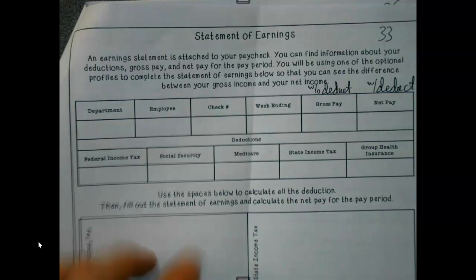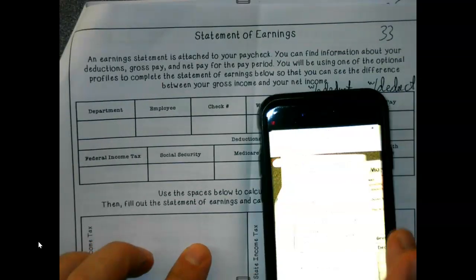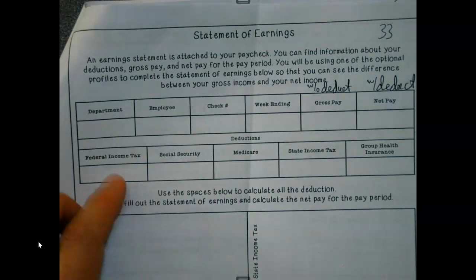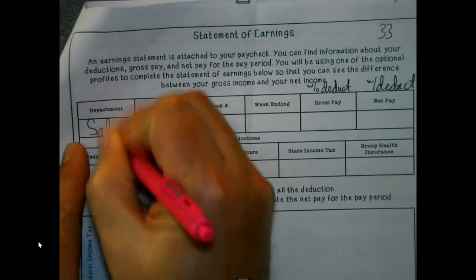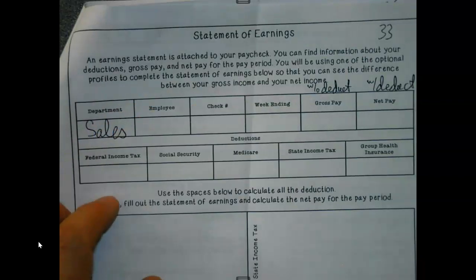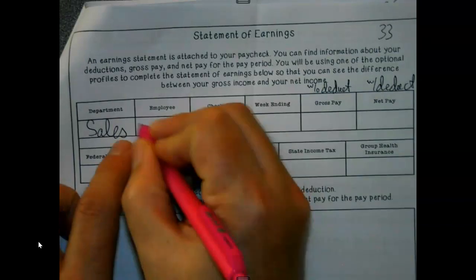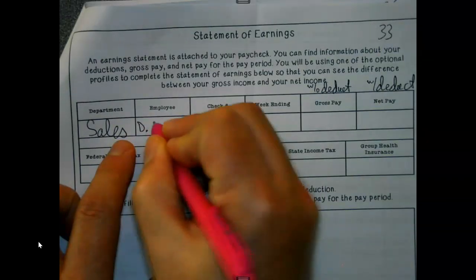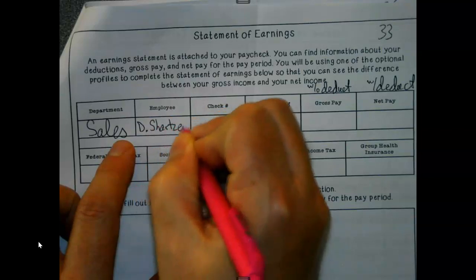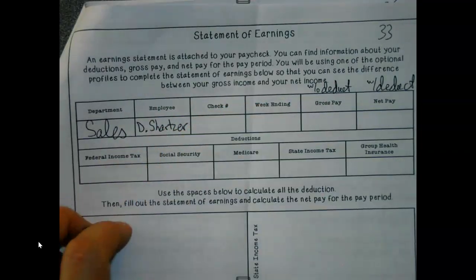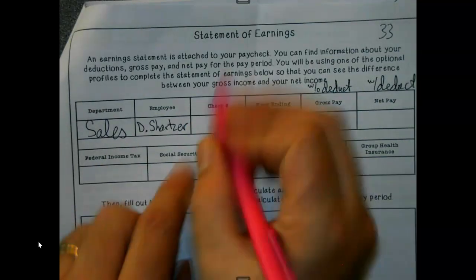If you flip back and forth, Daniel's department was sales. Okay, the employee, we'll just put the first initial here. And so all I'm really doing is taking that info off the back.